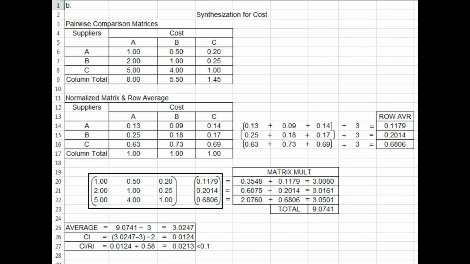Then, we use AHP to evaluate the performance of the suppliers with the 3 criteria: quality, cost, and timeliness.